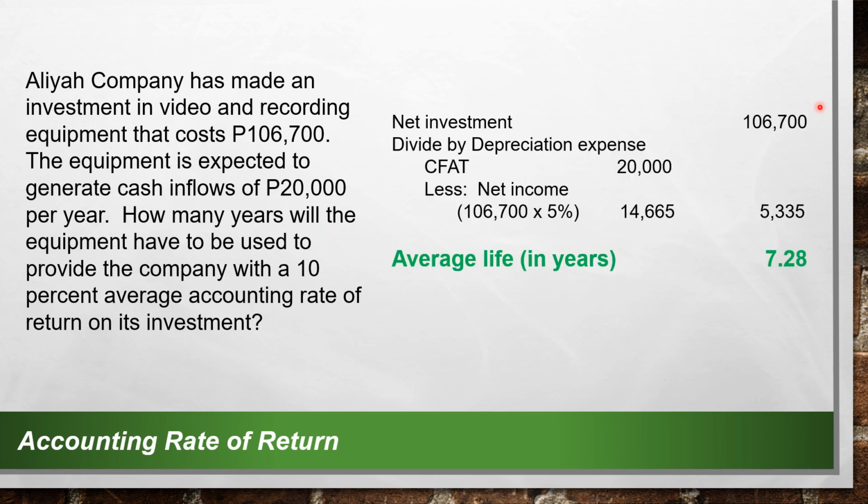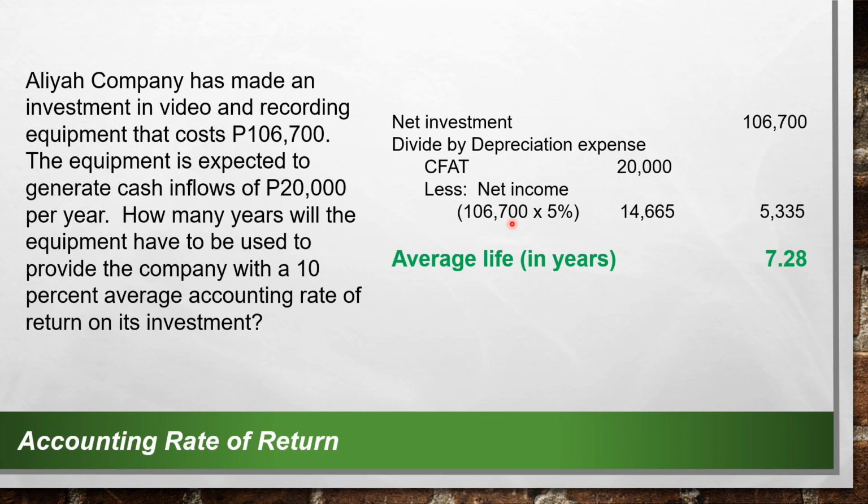So we have here our net investment, 106,700. We just divide it by the depreciation expense recognized. So we have cash flow after taxes of 20,000, less our net income. How do we get our net income? That is 106,700 times 5%.